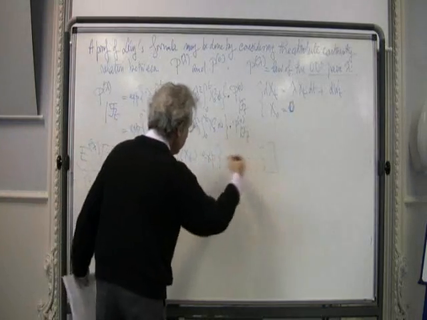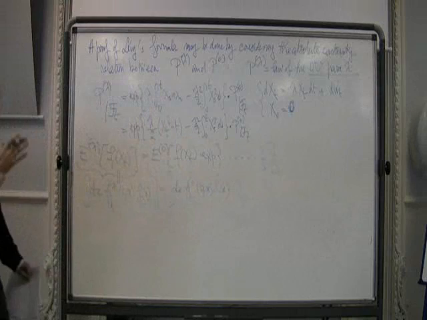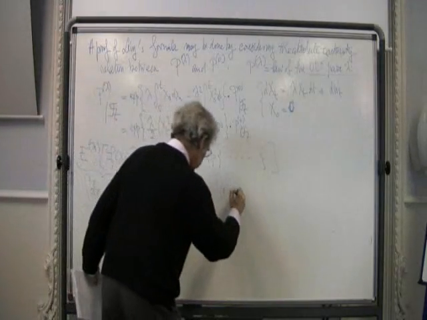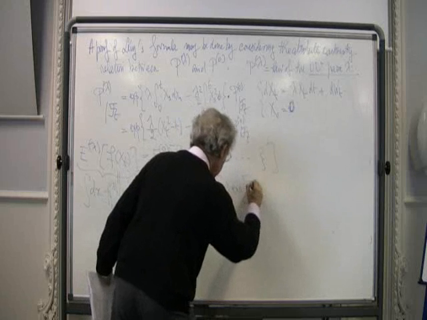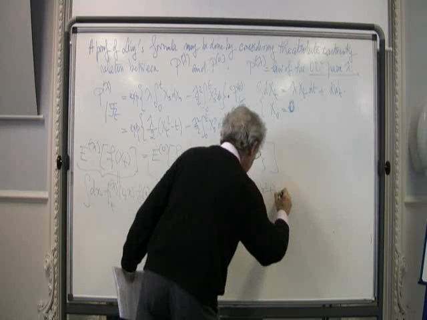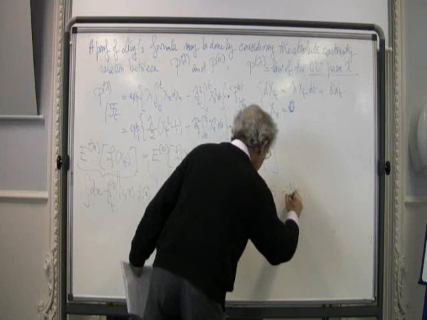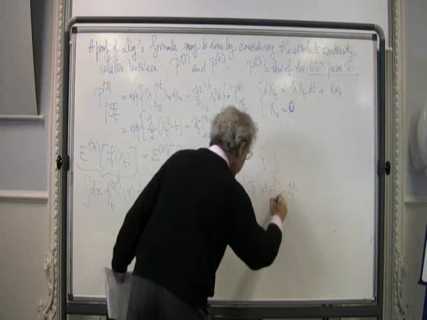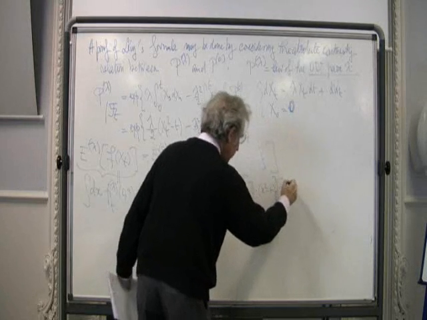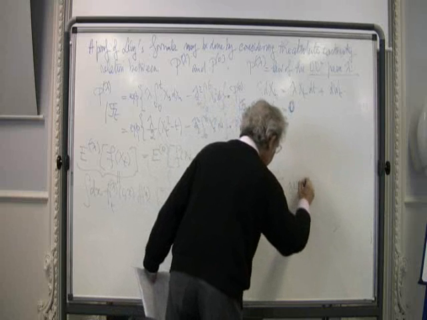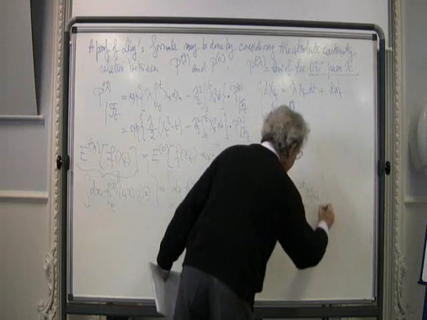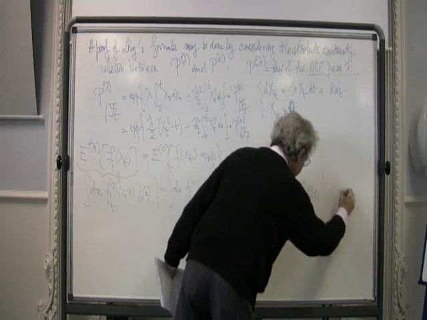And now I am going to condition this with respect to X_t equals little x. So what I am getting is exponential of lambda over 2 (x squared minus t) times the expectation of e to the minus lambda squared over 2 integral 0 to t X_s squared ds given X_t equals little x.